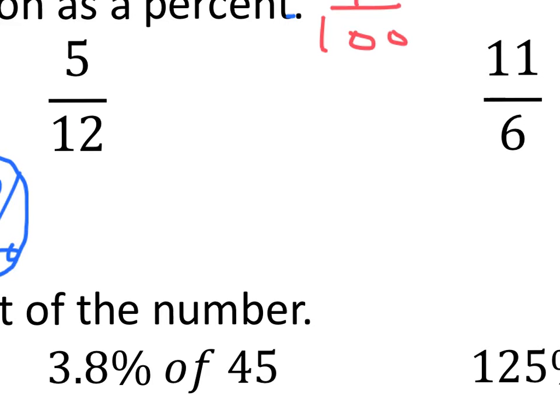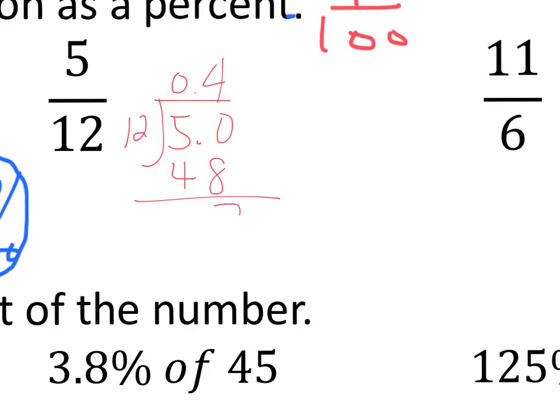And to convert 5 over 12 to a percent, we could simply divide. Okay, and we can use 4, 48, and 20, bring down a 0. Use 1, 12, 8, bring down a 0, 6.